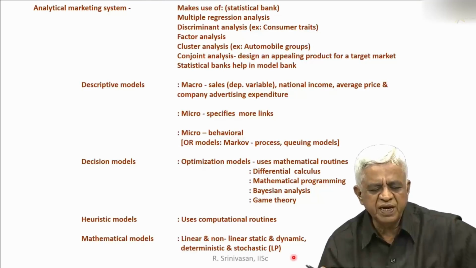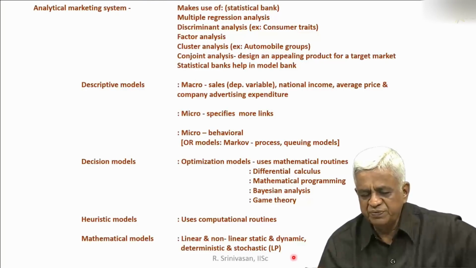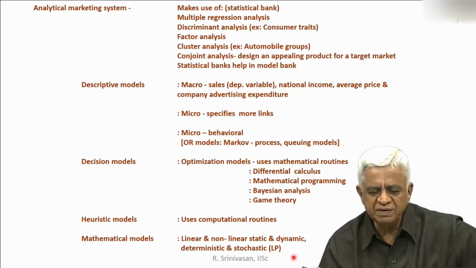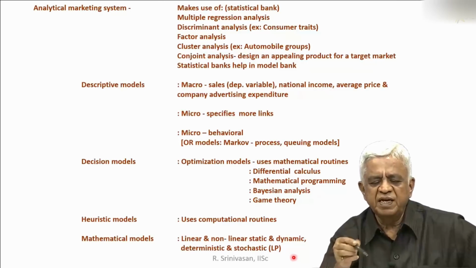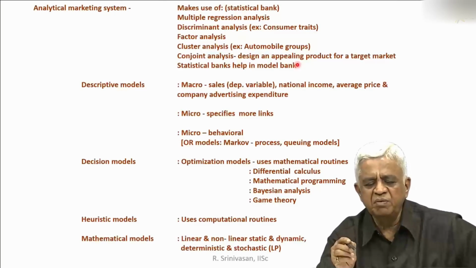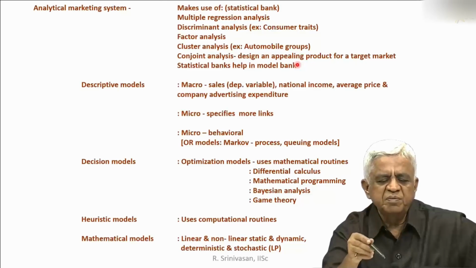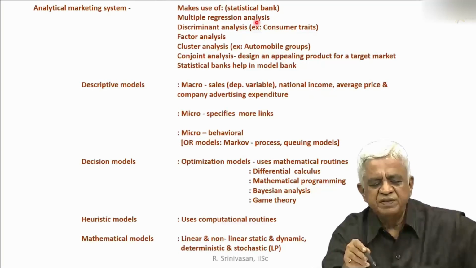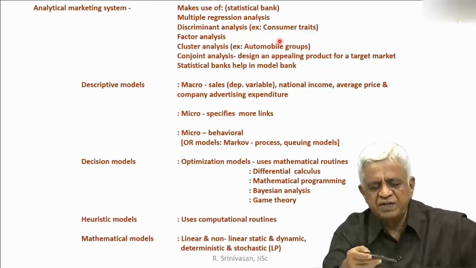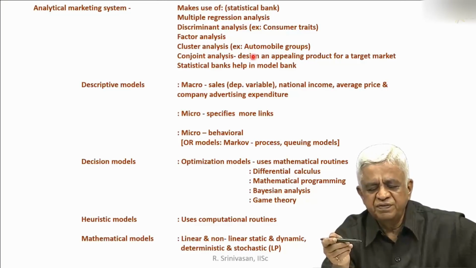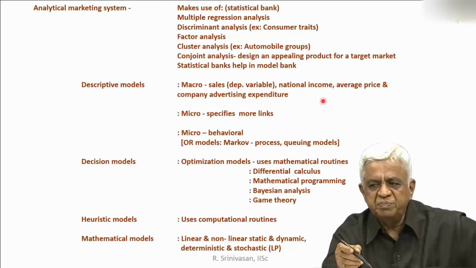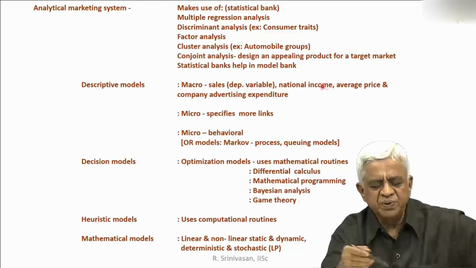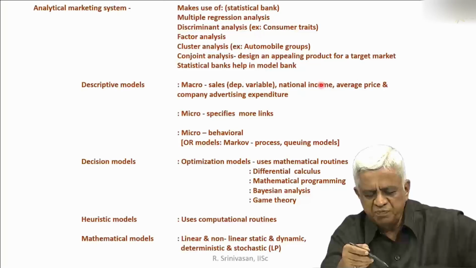So just to recap all this, we make use of statistical banks. The statistical banks help in developing a model bank. These statistical banks basically make use of multiple regression, discriminant analysis, factor analysis, cluster analysis, and conjoint analysis. When we move to the descriptive models, we look at two types of models initially.